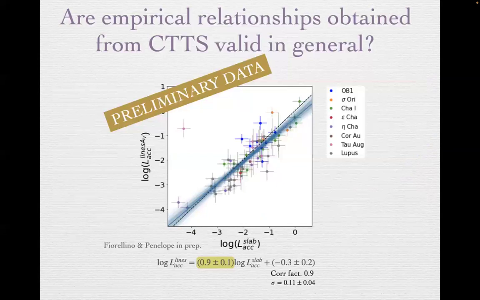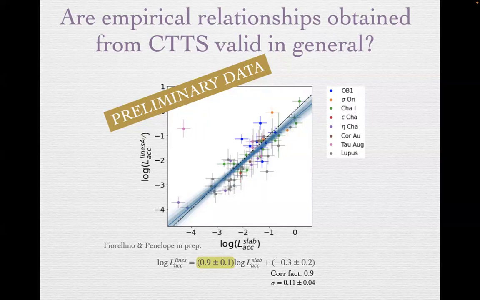Those are preliminary results. But still, if you compute the accretion luminosity by using the slab model and the accretion luminosity by using the lines, so the empirical relationships, you find a linear relationship, at least linear within the error. So we can say that it's fine if we apply this method in general.